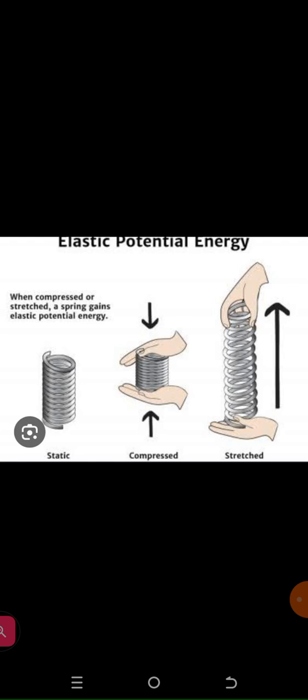Elastic potential energy. It is the energy that is stored when we compress or stretch something. For example, the spring has elastic potential energy when we compress or stretch it. So, we store some amount of energy in it. Electrical energy.